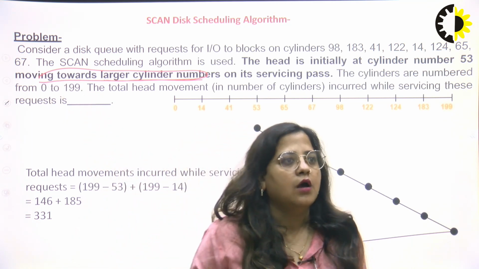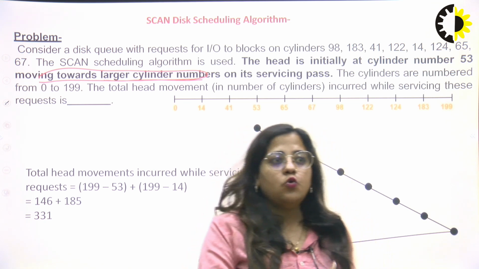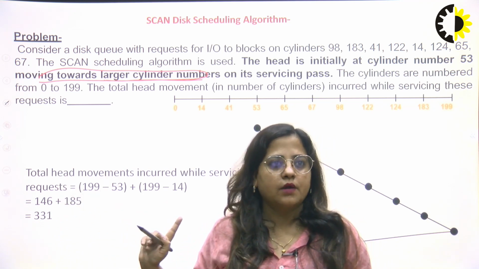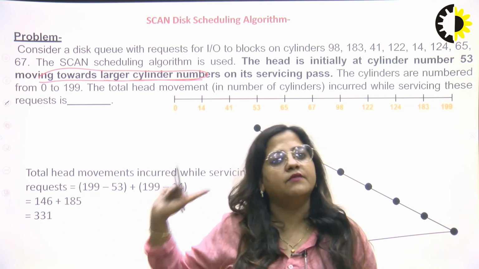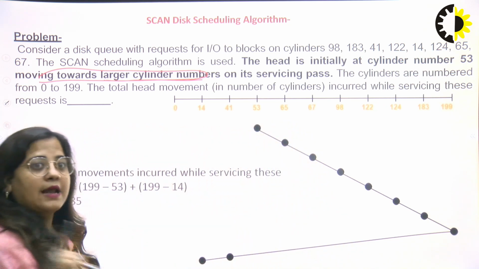According to this question, we use the larger direction. So you move to the end point, the last cylinder of the given range. Okay, so visit the last point.